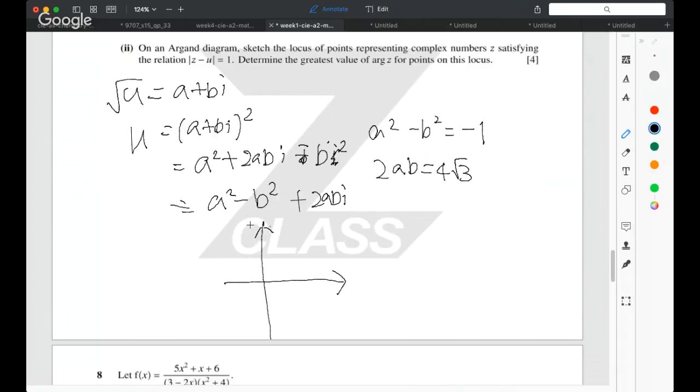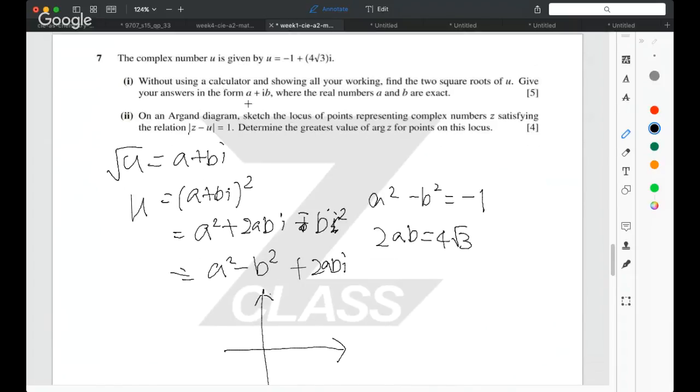In this relation, u is a fixed point, because u is equal to that. It says some complex number z, so z is not fixed. It can be a set of points. So this equation basically says the distance between z and u, which is a fixed point, is 1.